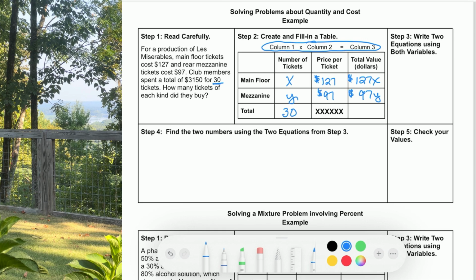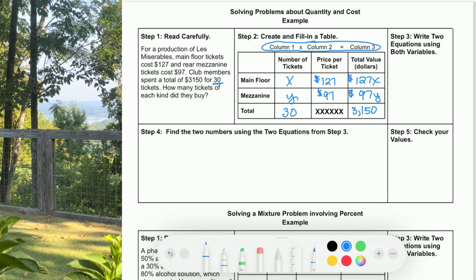And then we get our total value of dollars, which they actually gave us. So we don't have to do that multiplication. They said it was 3,150.